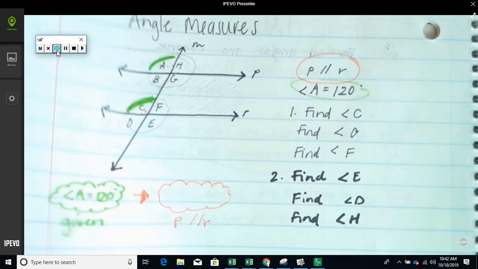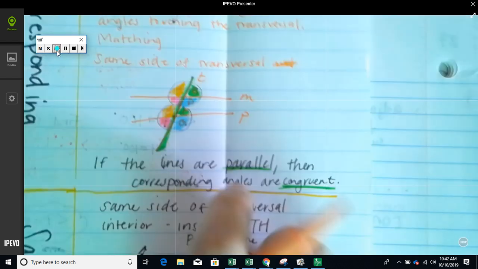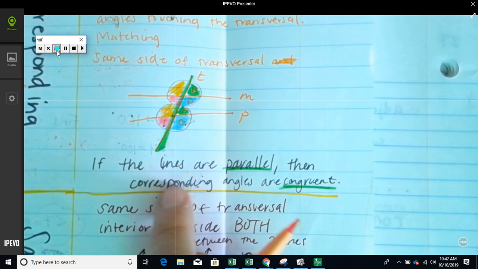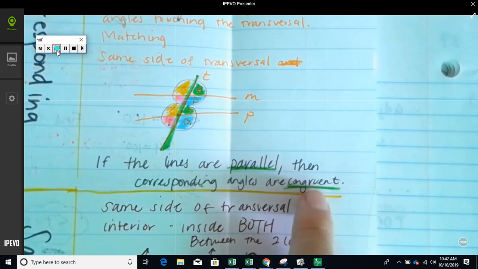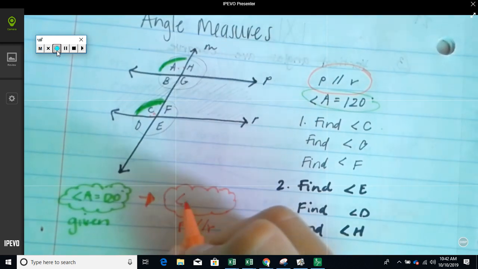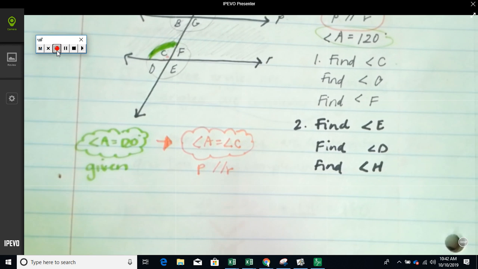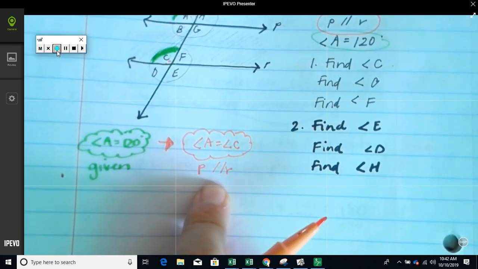They are what? No. The lines are parallel. If the lines are parallel, then corresponding angles are congruent. They're equal. So then angle A is equal to angle C because the lines are parallel.